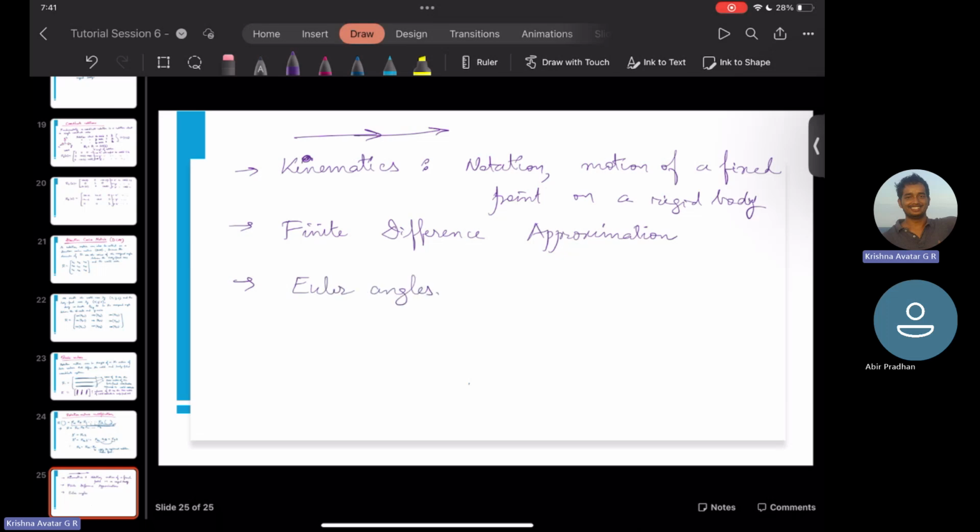Then we will be moving to Euler rates, and we talk about the Euler angles sequence. We'll have a separate session for that. And then also we'll talk about quaternions, as we gradually move forward, right? So yeah, I think this is what I had planned.